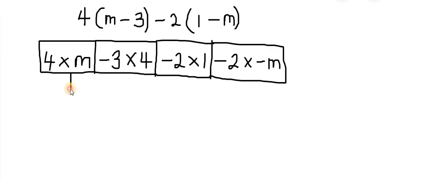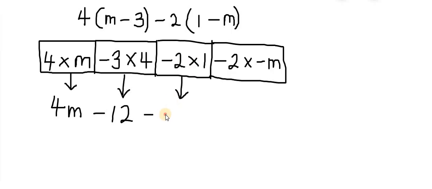So 4 times m, I get 4m, minus 3 times 4, minus times the plus invisible sign, that's a minus. 3 times 4, that's 12, minus 2 times 1, the minus multiplied by the plus invisible sign, that's another minus, 2 times 1 is just 2, and finally, minus 2 times minus m, multiply the signs first, minus times minus, that will give you a plus, and then 2 times m, we just put them up against each other, 2m.